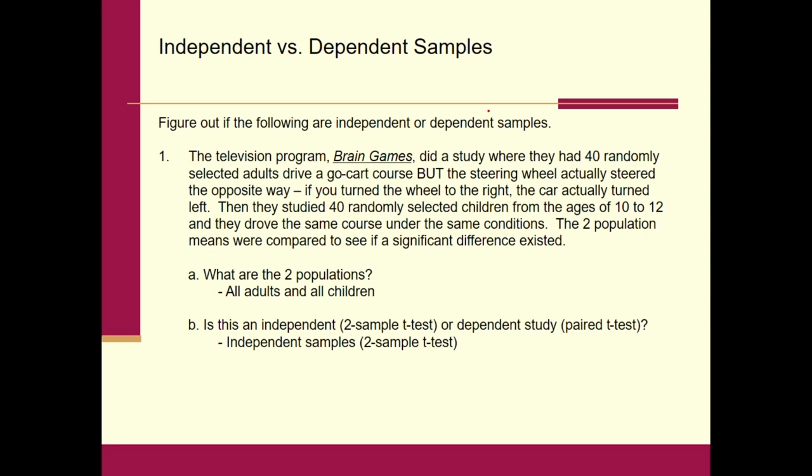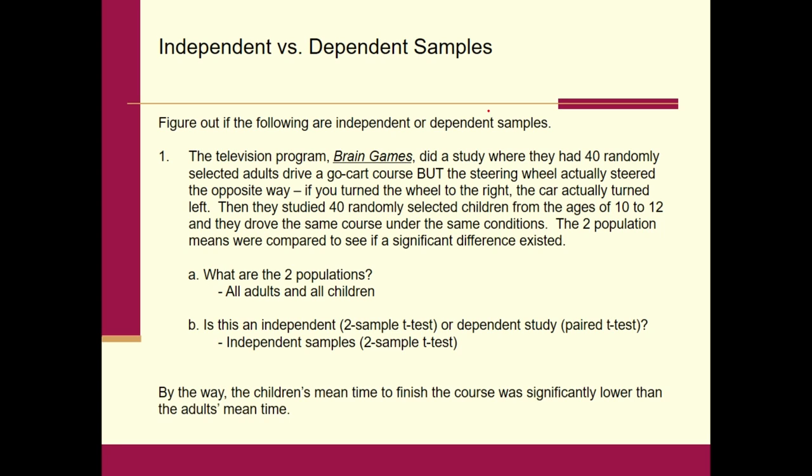And by the way, the children's mean time to finish the course was significantly lower than the adults' mean time. The reason is that the adults had been driving for so long that they had a tough time adjusting to this.